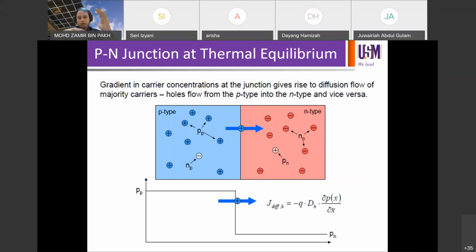But due to the diffusion of new holes from the p-type, they will enter the n-type. So you're going to have new minority carriers. The number of minority carriers will increase in the n-type region, and the number of minority carriers will also increase in the p-type region due to diffusion of electrons into n-type.